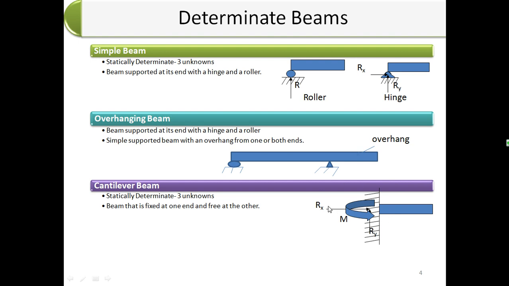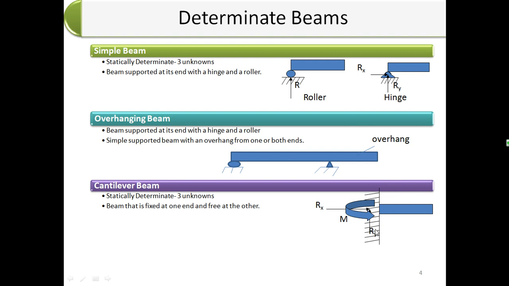So the three unknowns can be solved using the equilibrium equations sigma V is equal to 0, sigma H is equal to 0, sigma M is equal to 0. When we are able to solve three unknowns using the three equilibrium equations, we say it is a statically determinate beam. So the simply supported beam, overhanging on one side or on the other side, or a cantilever beam, all these three come under the category of statically determinate beams.